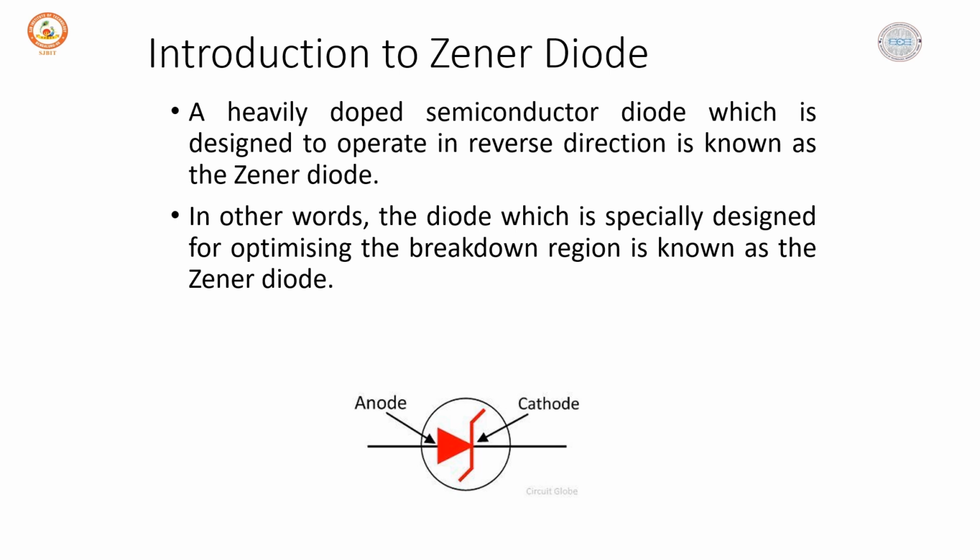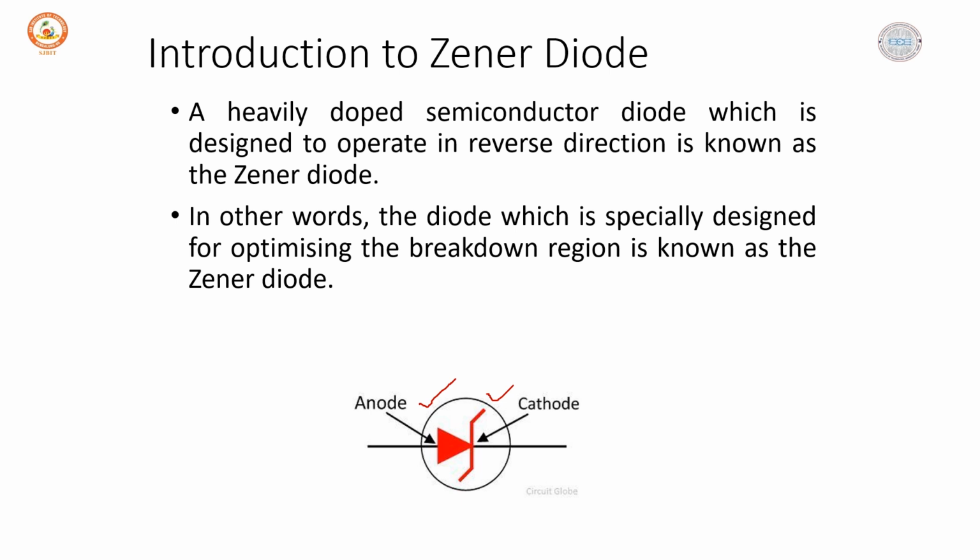In other words, I can also call the diode which is specially designed for optimizing the breakdown region a zener diode. The zener diode also consists of only two terminals. As it is a diode, it has only two terminals, the anode terminal and the cathode terminal.